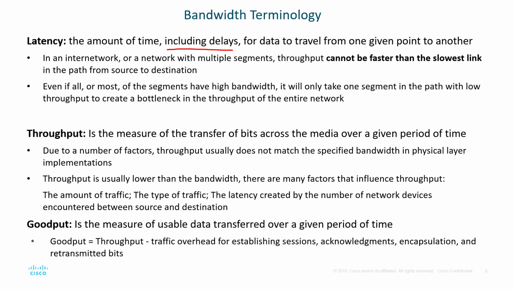In an internetwork or a network with multiple segments, throughput cannot be faster than the slowest link in the path from source to destination. Even if all or most of the segments have high bandwidth, it will only take one segment in the path with low throughput to create a bottleneck in the throughput of the entire network.